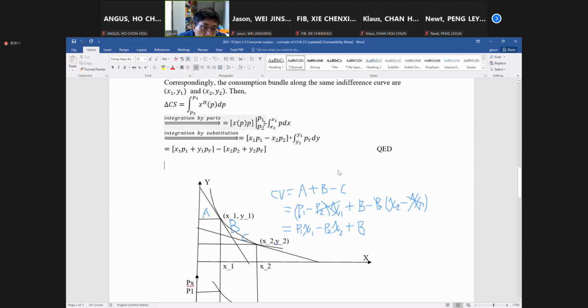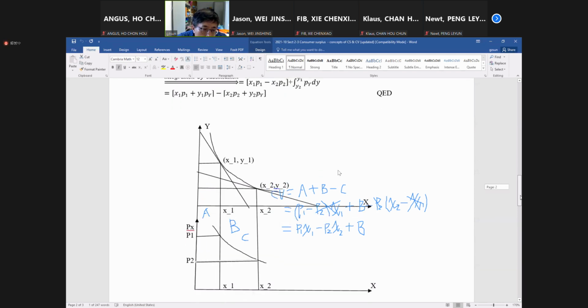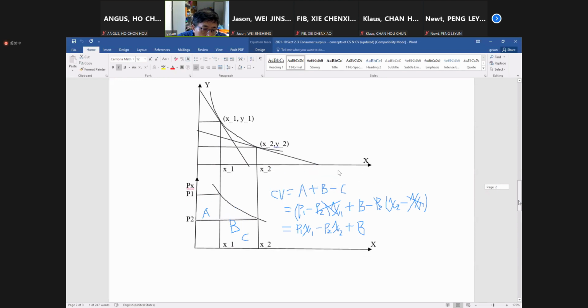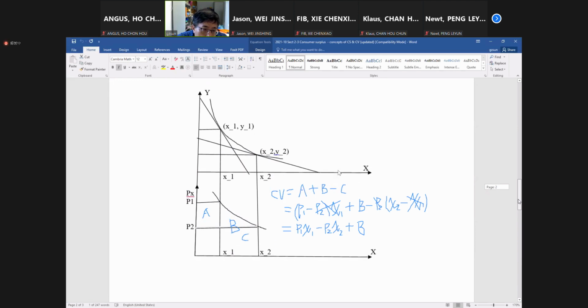And then still, what's this? This is what we mean by B. B is the definite integral.